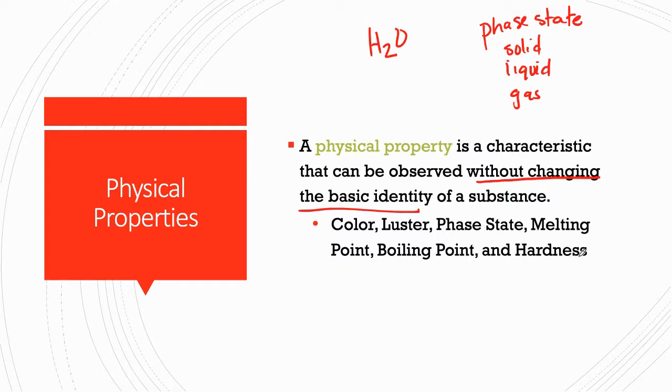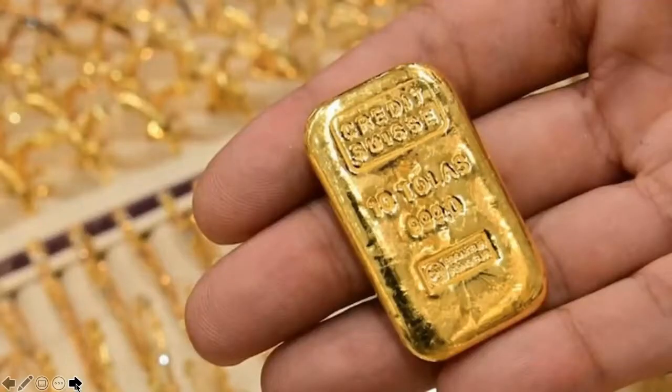There's a lot more, and we're going to have a couple more slides with some different physical properties, so you'll know them all in a moment. But these are some examples. In other words, we can look at an object, we can say it's red, it's not shiny, it's a solid, it melts at 100 degrees Celsius, it boils at 200 degrees Celsius, and it's not hard, it's brittle. Okay, so these are physical properties we can use to describe matter.